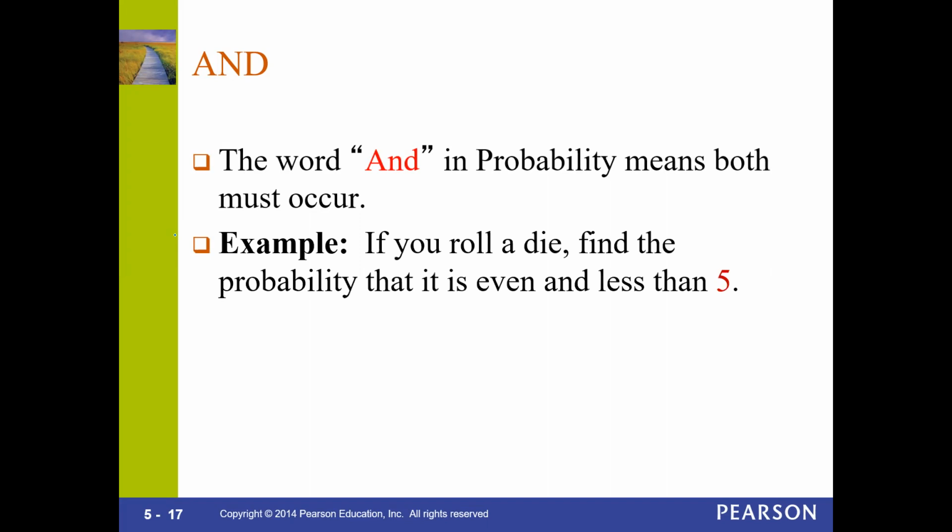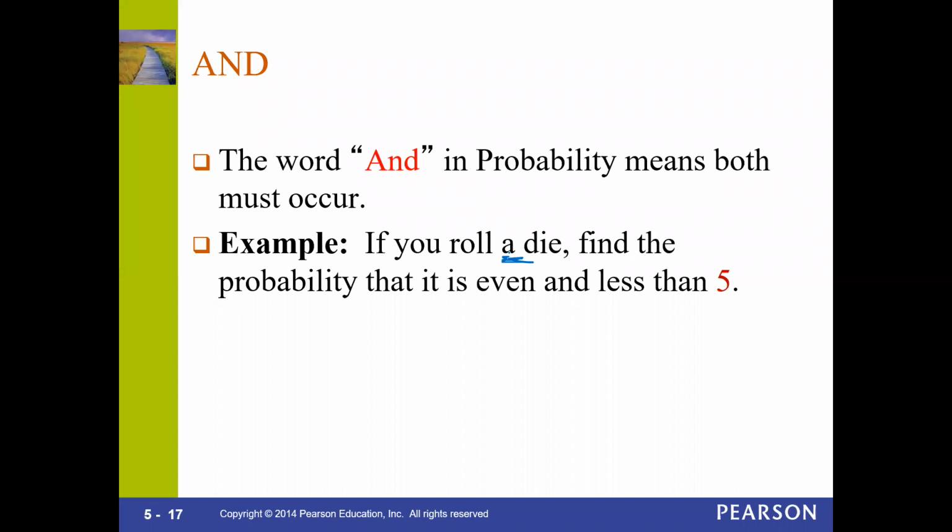than 5. If you roll a die, find the probability that it is even and less than 5. Okay. This one, notice that we're going to roll only one die. This is only one die here.